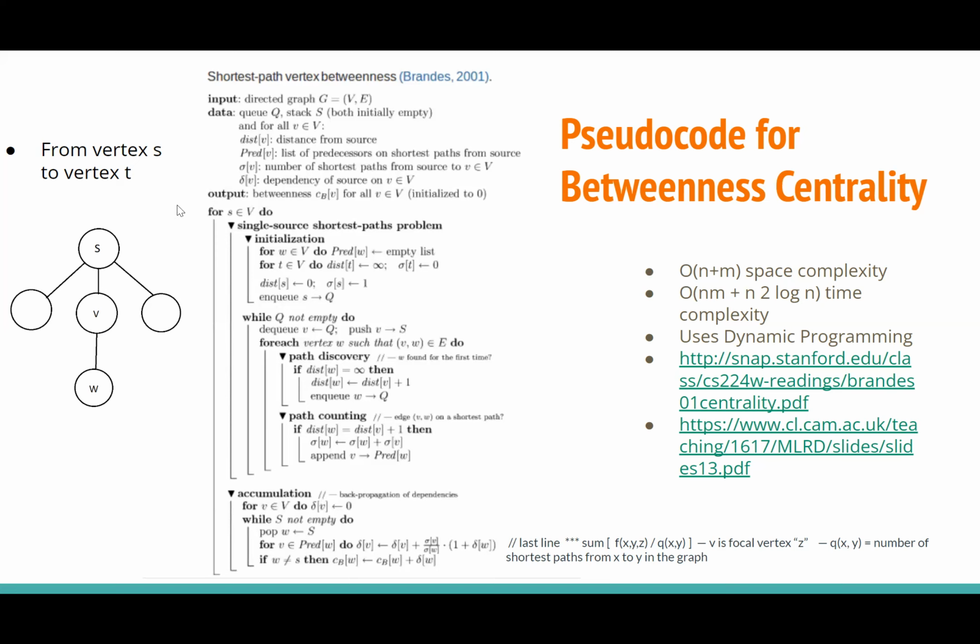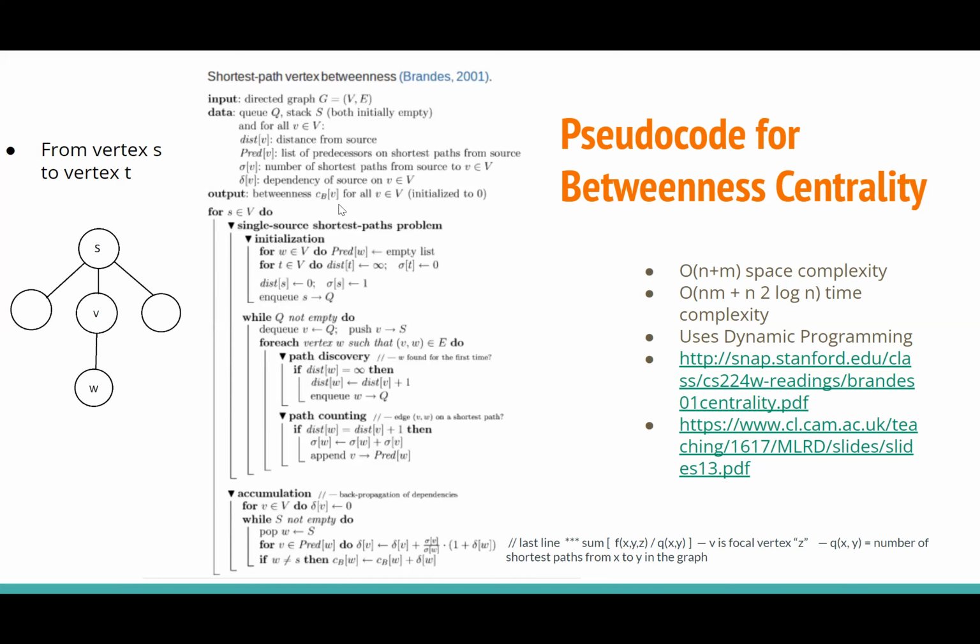So the shortest path from S to V or V to W, and this is the dependency of the source on a vertex. So this is a mathematical equation to help with the dynamic programming: the betweenness of the predecessor can be calculated from calculating the post node.